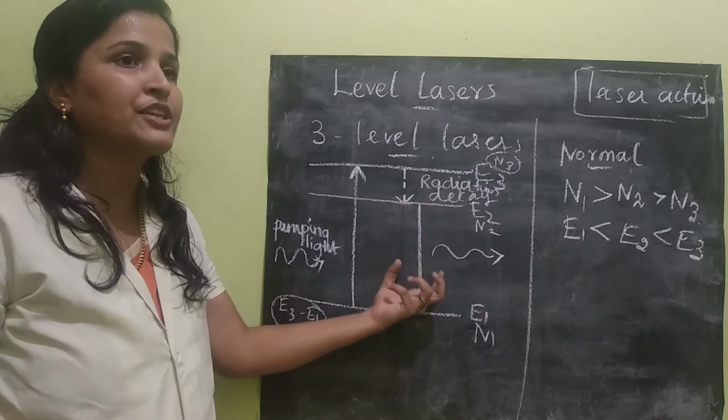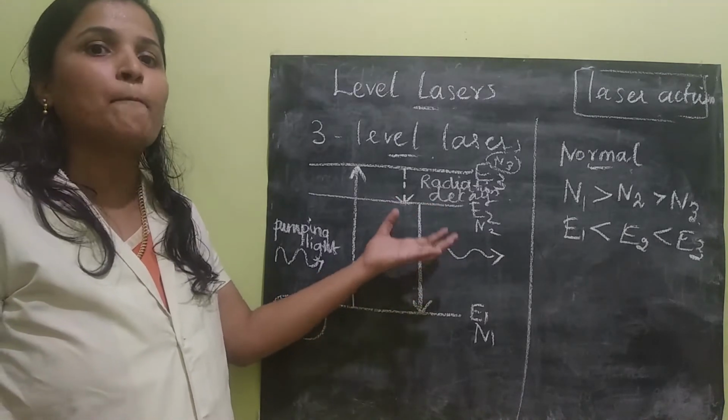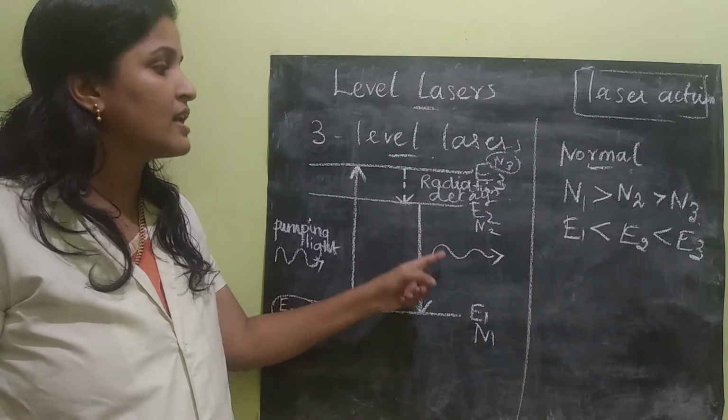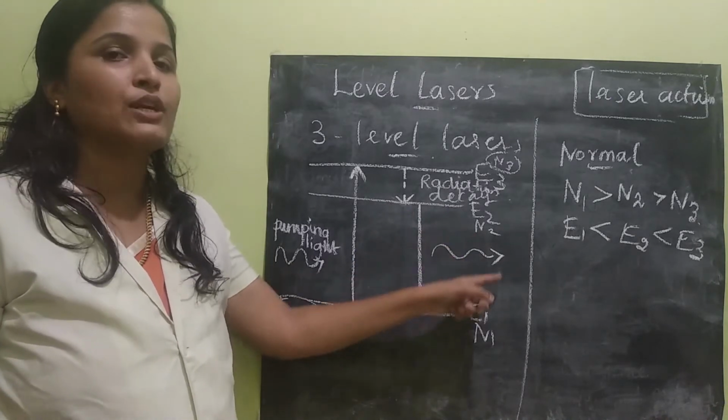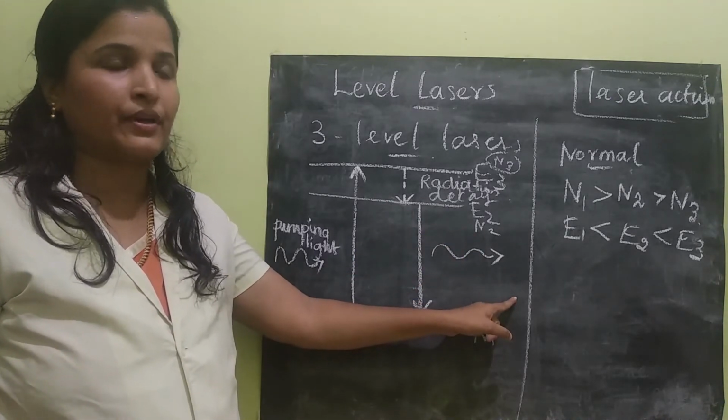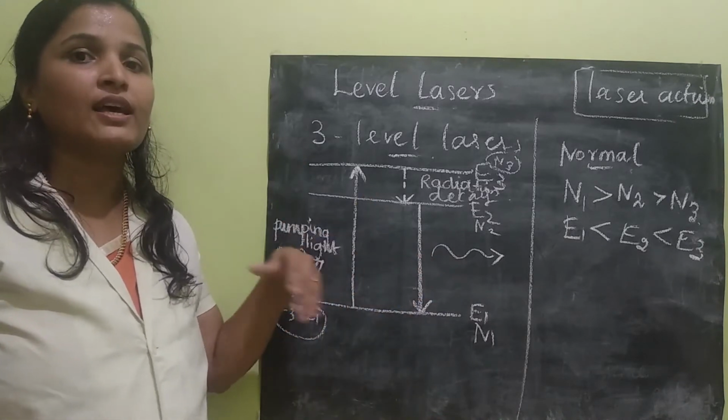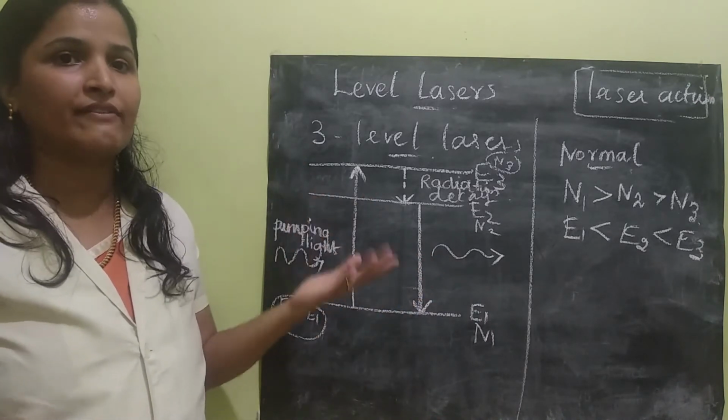So the population inversion is not much higher, and because of that, less intensity radiation comes out. Because of that, we'll go for the next type, the 4-level laser.